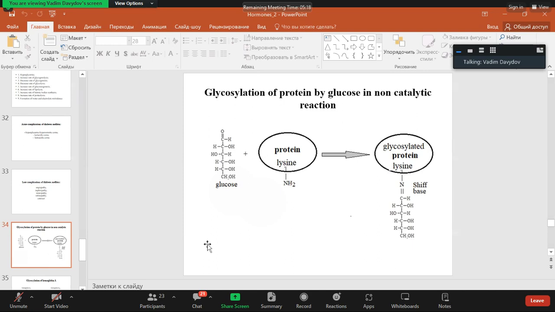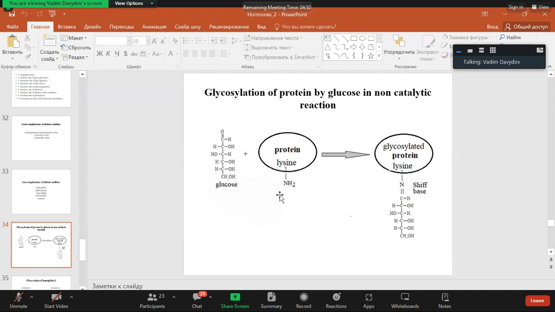And some amino acids contain in their structure a nucleophilic functional group, for example, an amino group or sulfhydryl group. This functional group may interact with glucose, may take part in the binding of glucose. And for that binding, no catalyst is needed.